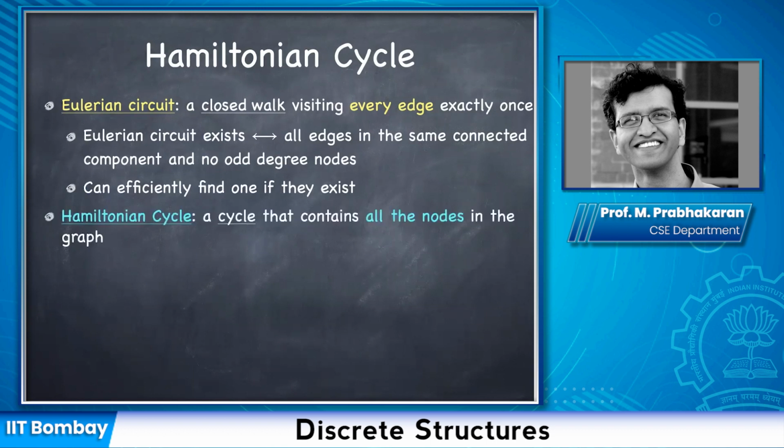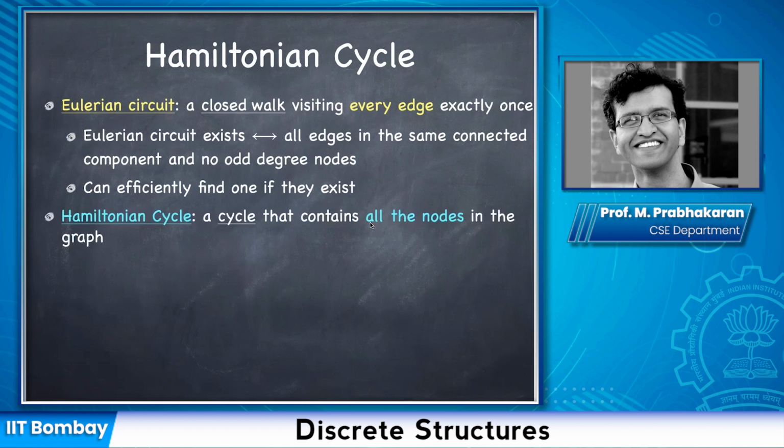Hamiltonian cycle is, as I said, a problem that sounds quite similar. The question is now to find a cycle that contains all the nodes. So being a cycle, it means you cannot repeat nodes. It's a sequence of nodes that are connected by edges, and you should cover all the nodes in the graph, and you should cover them exactly once.